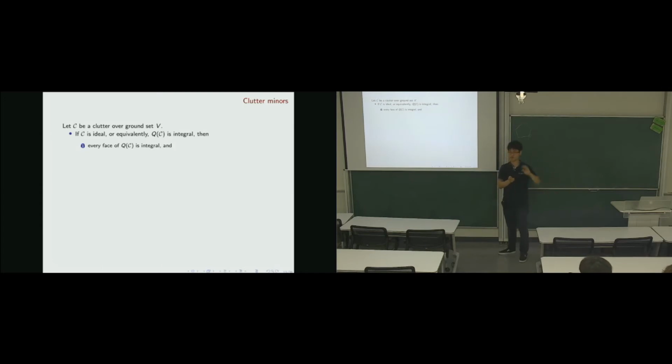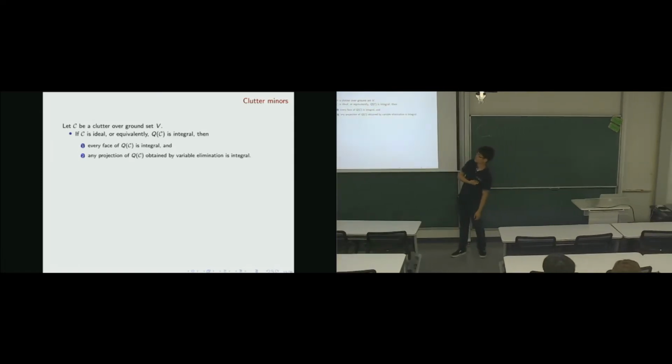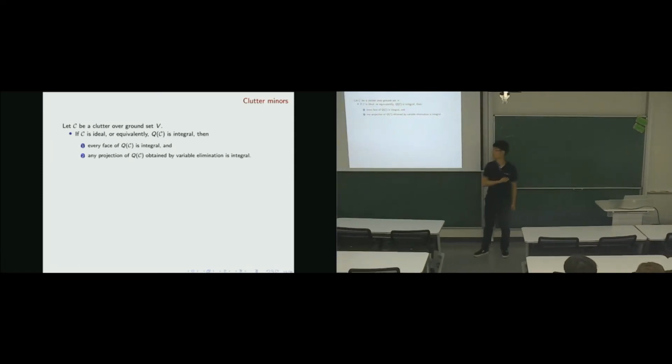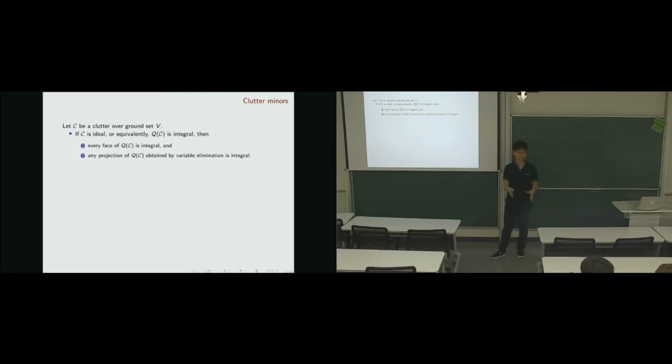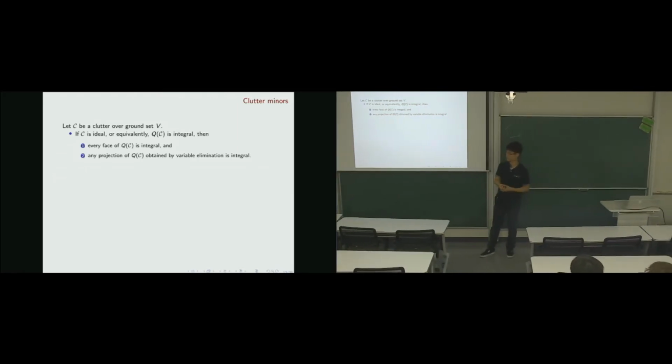Because all vertices, all extreme points are integral, even after taking a subset, it's also integral. So every face is also integral. Okay. Another operation is the operation of taking projections. They are sometimes called orthogonal projections to a lower dimension.